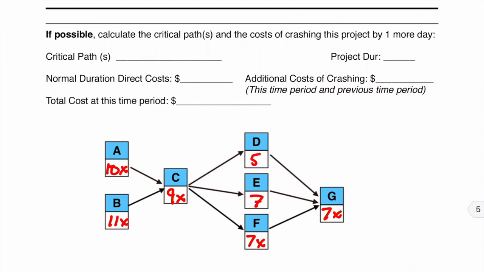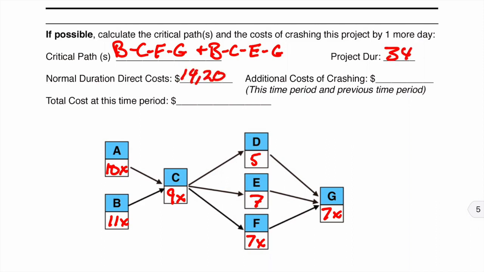And we once again have these two paths, if you will. Our project duration is 34 days. We have $14,200 from our original cost.